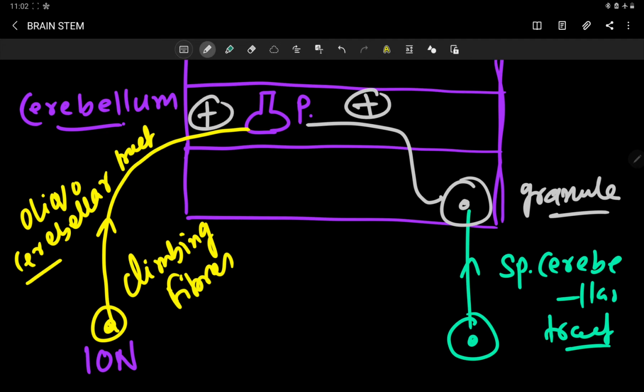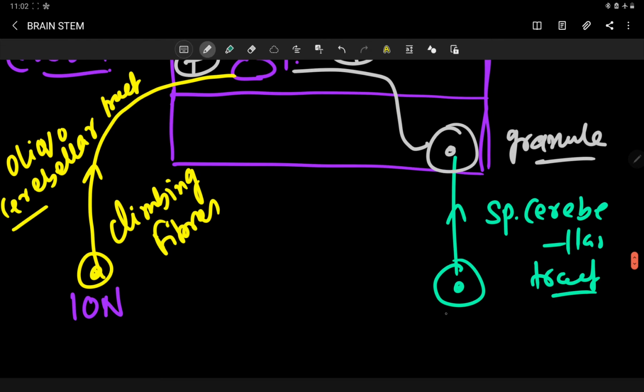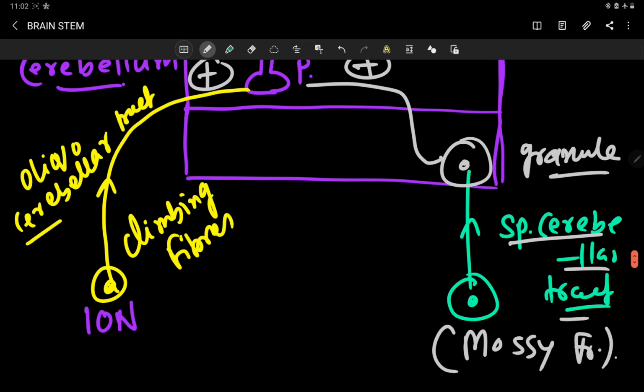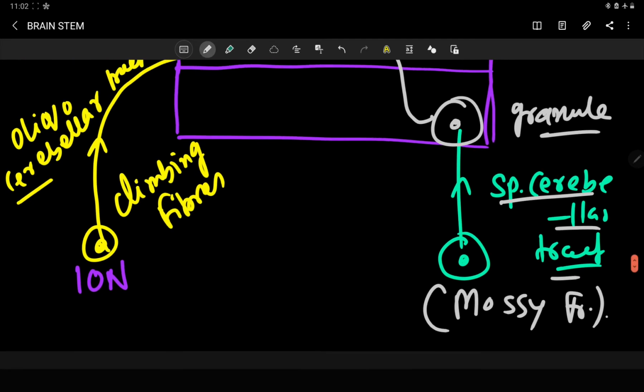This tract is called your spinocerebellar fiber or mossy fiber. Mossy fibers are the major fibers, more in number, and the climbing fibers from the inferior olivary nucleus are fewer in number.